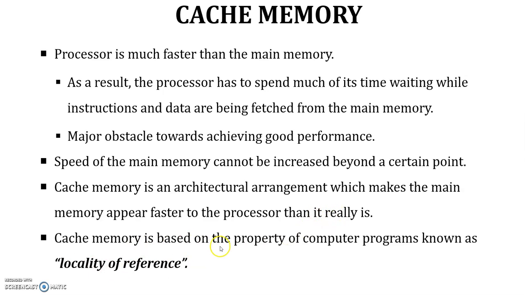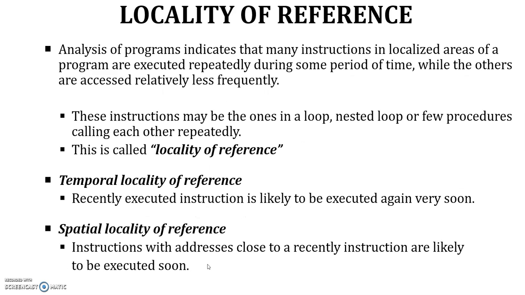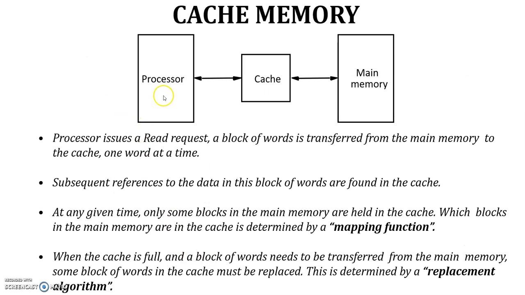So cache memory is based on the property of computer programs known as locality of reference. So we already know that we have the cache memory, the processor is faster, and we have the main memory. The main memory is usually the RAM. So the RAM is not as fast as the processor.